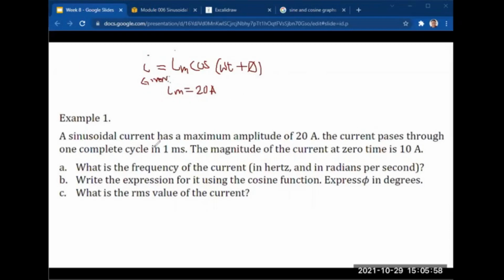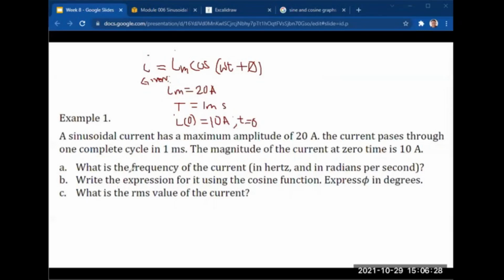The current passes through one complete cycle in 1 millisecond, so one complete cycle is the period T. The magnitude of current at 0 time is 10 amperes, so I at 0 time is equal to 10 amperes. These are the givens of our problem.